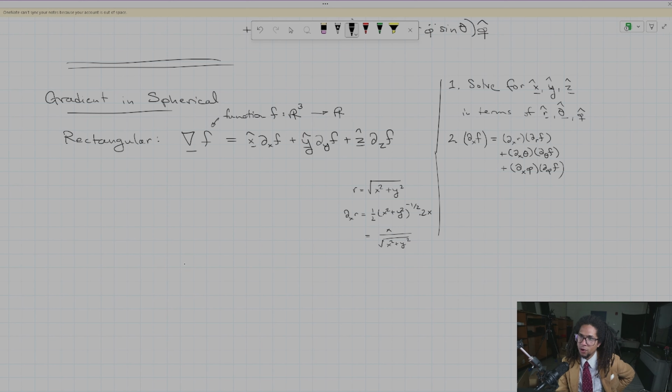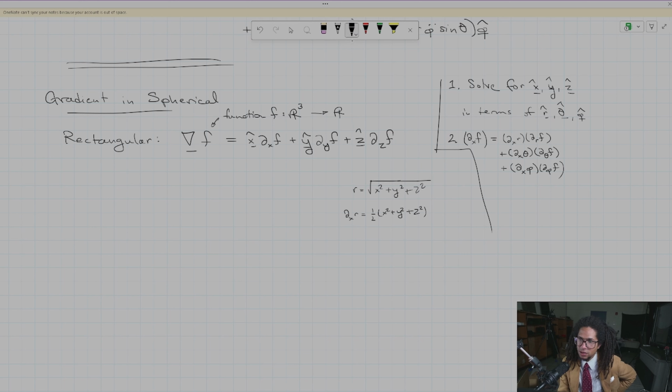Now, we would want to express these coefficients in terms of r, theta, and phi. So for instance, here, I would want to say that this coefficient, rather than being x over root x squared plus y squared, I need to rewrite those in terms of r, theta, and phi. And oops, I have made a big mistake just doing this in polar for no reason. Let me repeat this calculation actually in spherical. So r here is square root x squared plus y squared plus z squared.